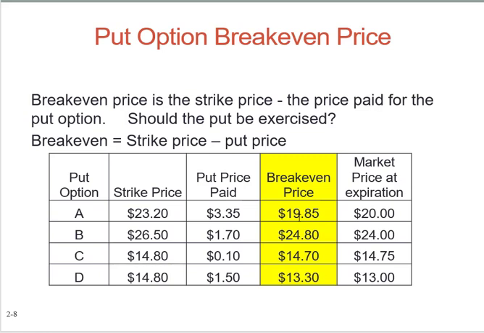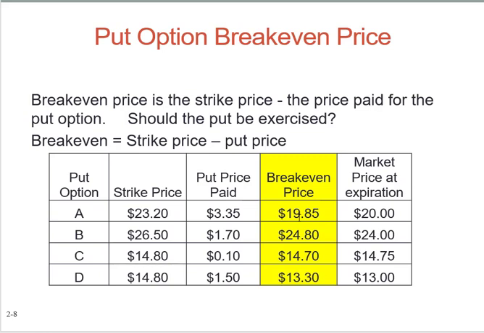We also see the market price is below the break-even by 80 cents. So if you exercise the option in this case, you're going to recover your $1.70 plus more. $26.50 minus $24 is $2.50, which is greater than the $1.70 you paid, so you're ahead by 80 cents.